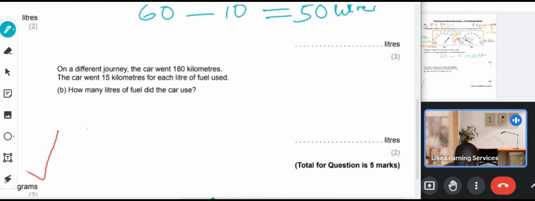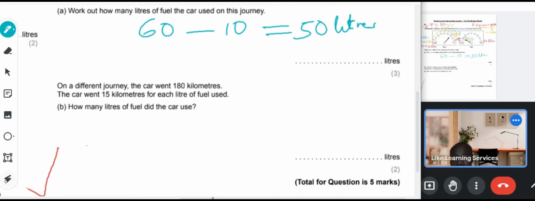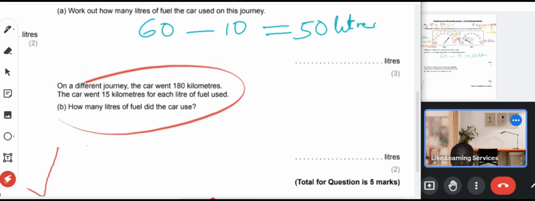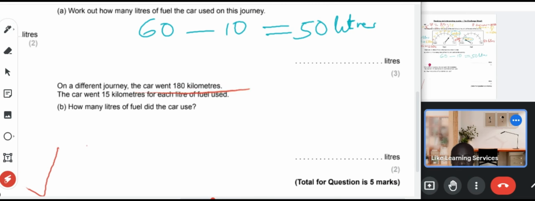This final one says, on a different journey, the car went 180 kilometers. The car went 15 kilometers for each liter of fuel used. How many liters of fuel did the car use?